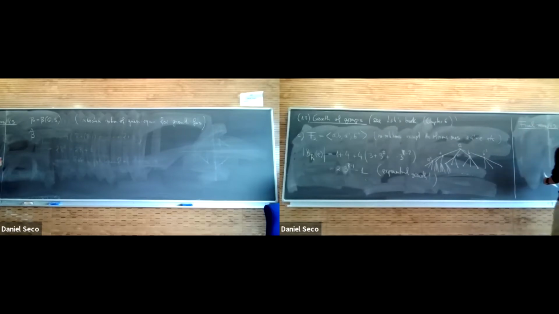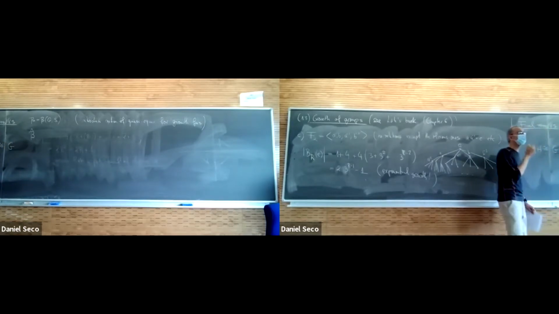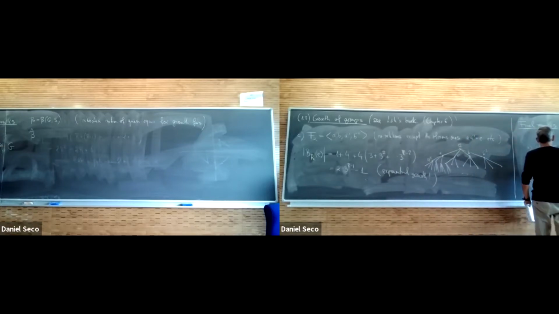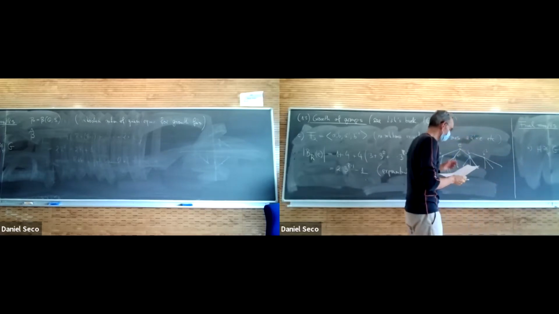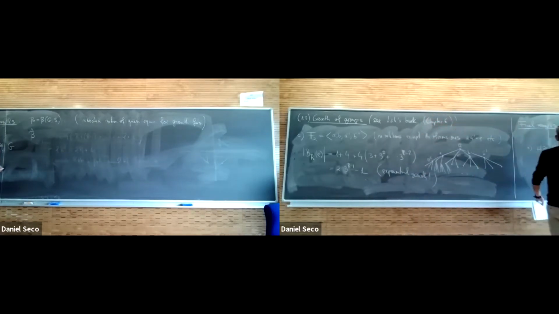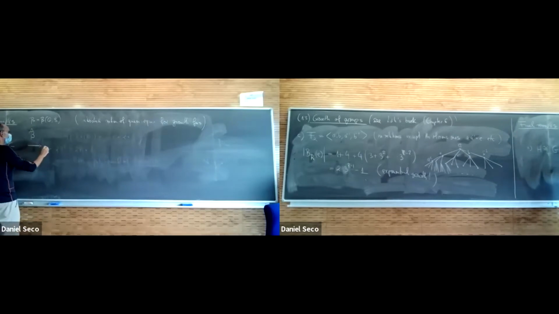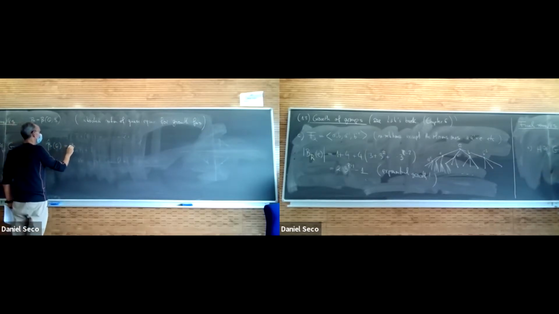Yeah? And then you can show. So the first statement is, if you have two groups which are quasi-equivalent or quasi-isometric, this was our notion, then the corresponding growth functions are the same.